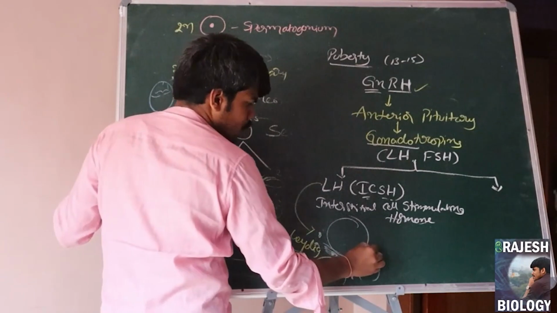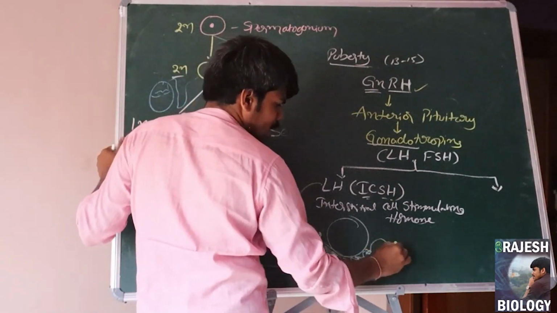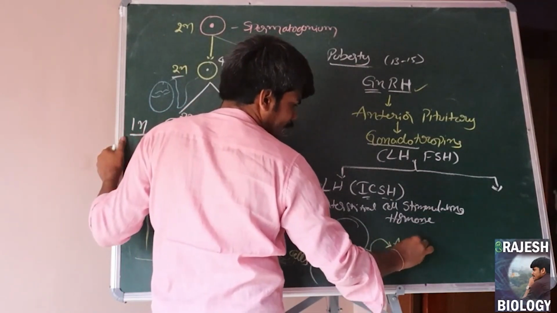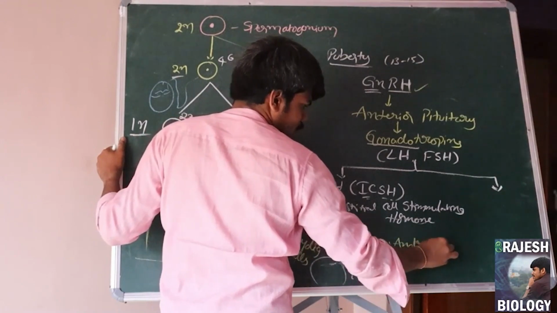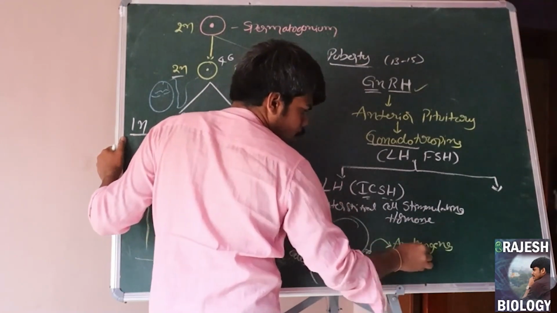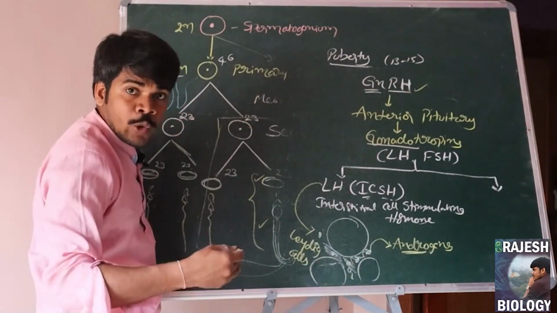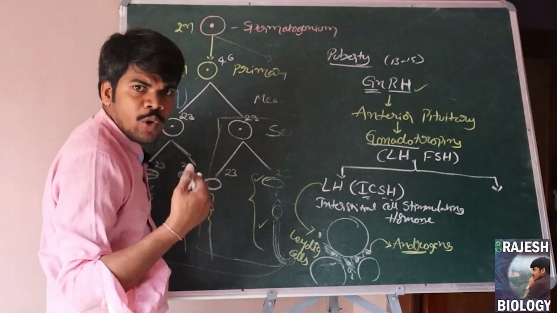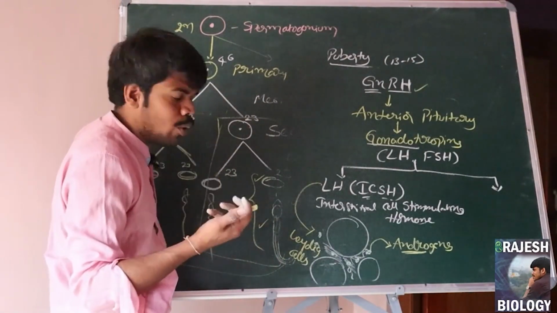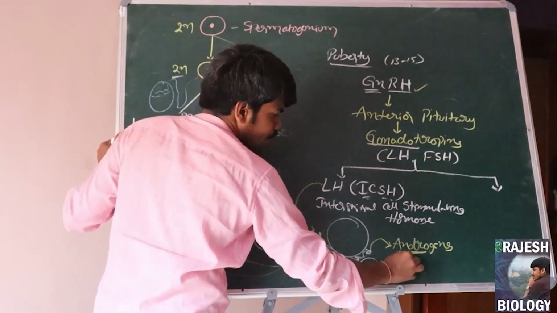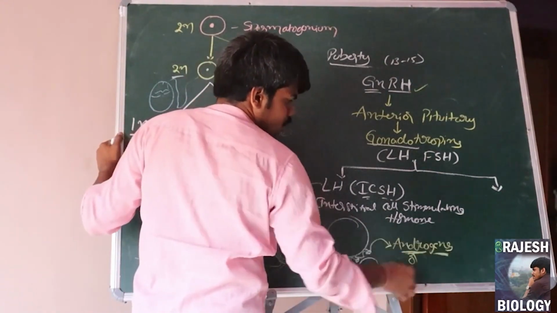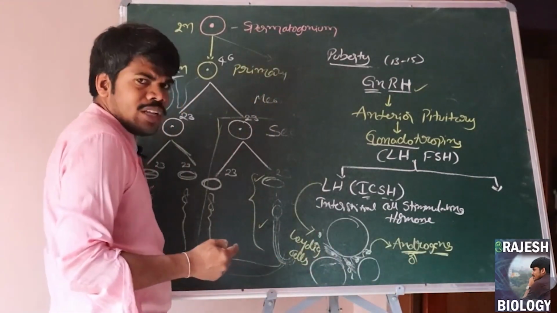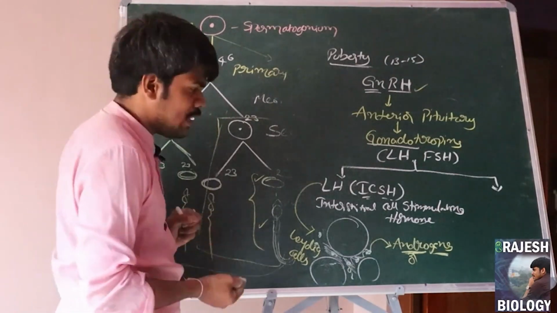Okay. So what are Leydig cells going to secrete? Leydig cells release androgens. Wherever you hear the word andro, it means male, like androecium and gynoecium. Androgens generate the male characters.